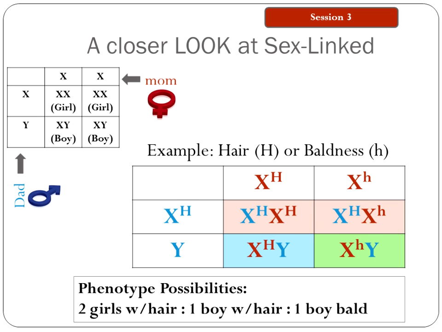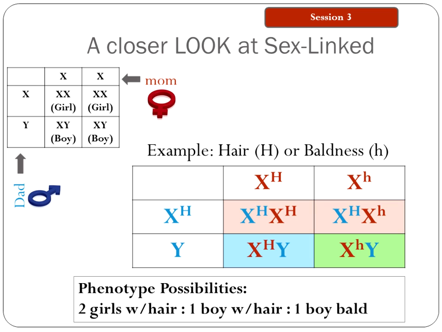All righty? So you can see here, mom has 2 X's, and mom's got a normal hair gene on one of the X's, and she's got a baldness gene on the other X. Dad over here has 1 X, and his happens to be a normal hair gene, and then the Y. So now, when the possible offspring are here, we can get the X from dad and the X from mom to come together for a girl with 2 normal hair genes.